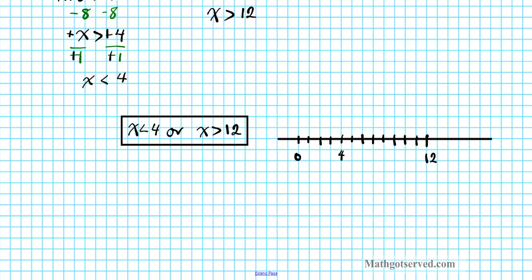Okay, so from 12, we're going in the greater direction. That goes to the right, direction of increasing magnitude. And then with 4, x is less than 4, you're going to the left. All right, so our circles open or closed. Since we do not have lines underneath the inequality, these will be open circles, okay? So there goes the graph of the inequality.